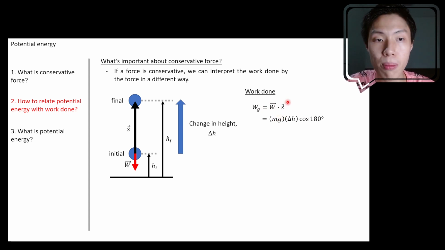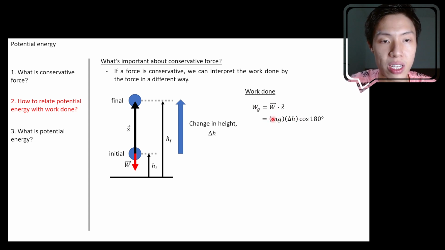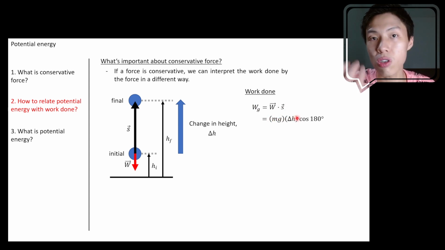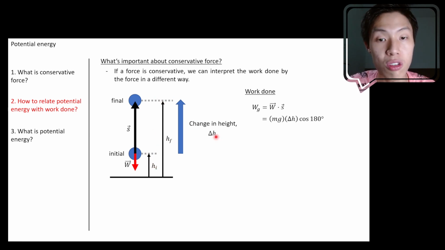Magnitude of weight and magnitude of displacement are both magnitudes of vectors, so you have to make sure they are always positive. So the magnitude of weight, mg, is a positive value. For the magnitude of displacement, in order to obtain a positive value, we take the larger value minus the smaller value. In this case, the larger value is final, the smaller value is initial. So final minus initial happens to be delta h, and we can re-express the magnitude of displacement as delta h.